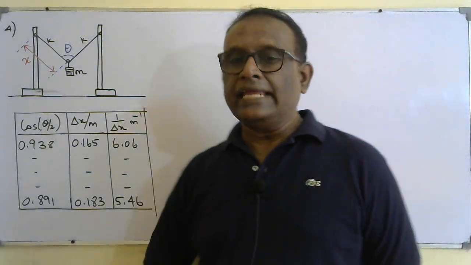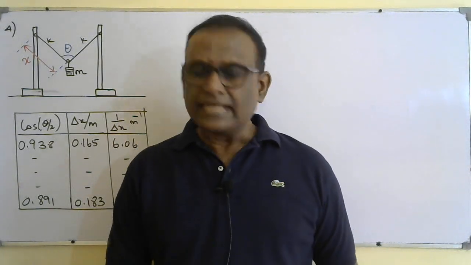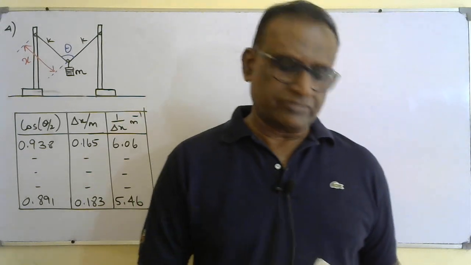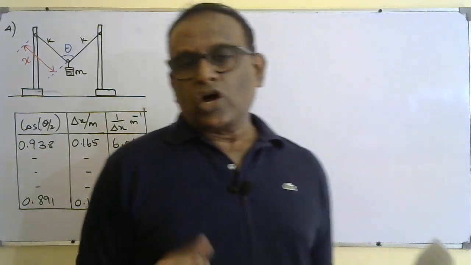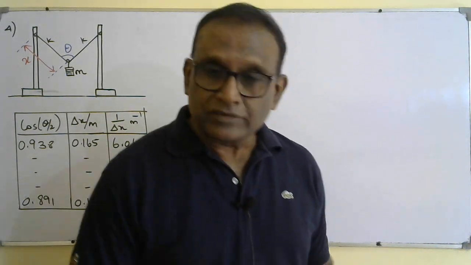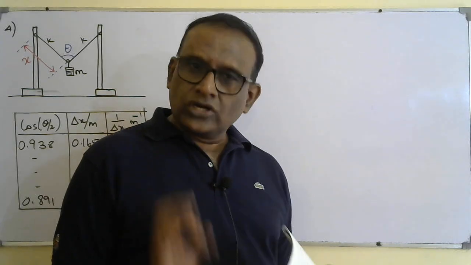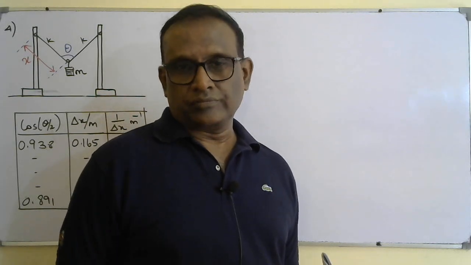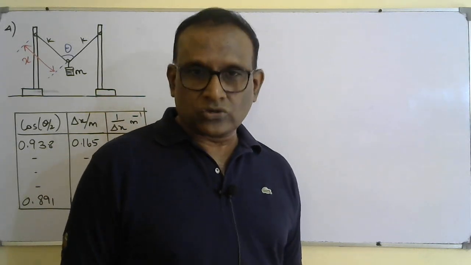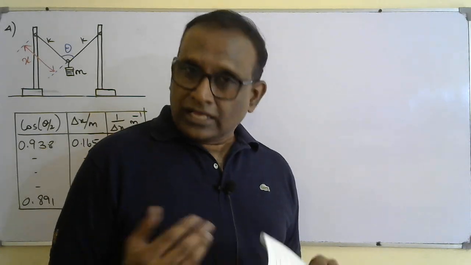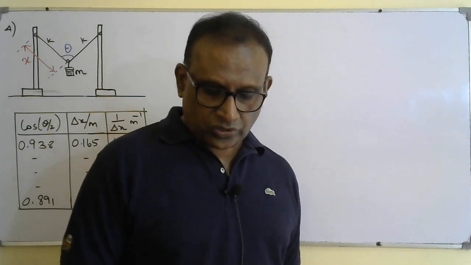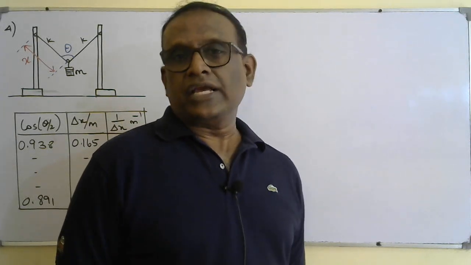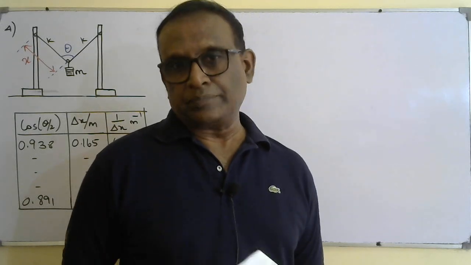Okay, how to scale the graph? Different students follow different methods. I normally draw like this, but first you should know it's not necessary to start from 0, whether on the x-axis or y-axis. It's not necessary because in this question we are not going to use any y-intercept point.